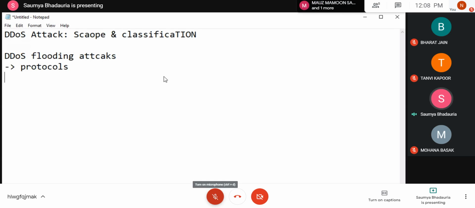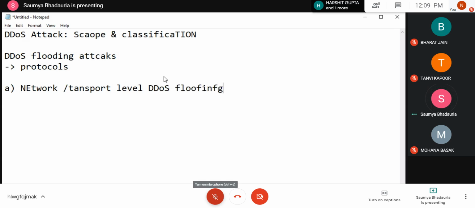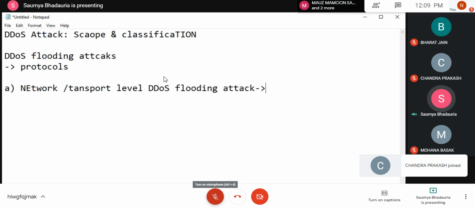The first category is referred to as the network or transport level DDoS flooding attack.